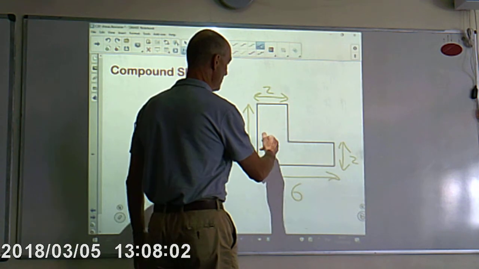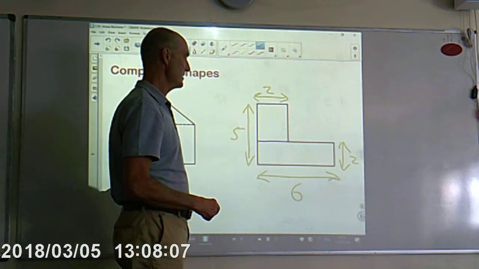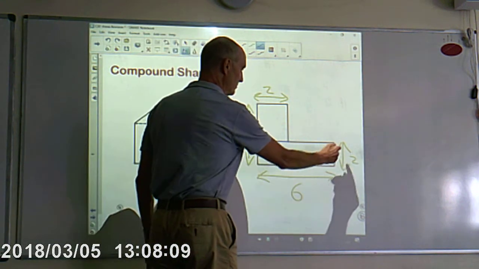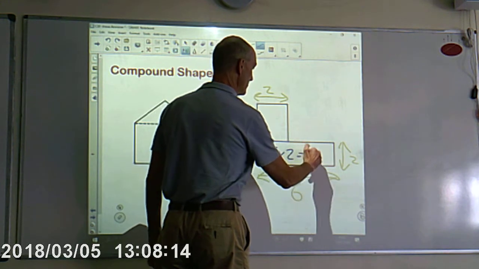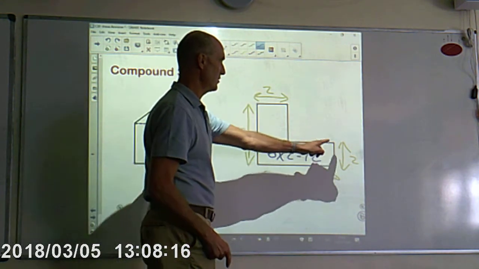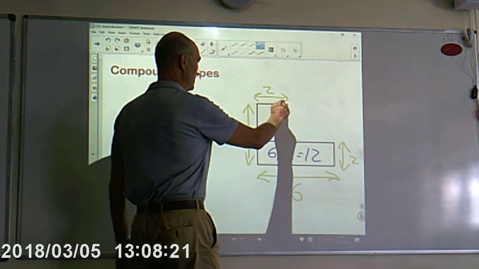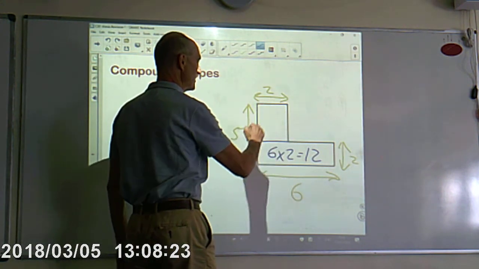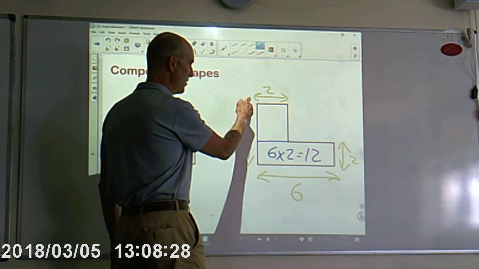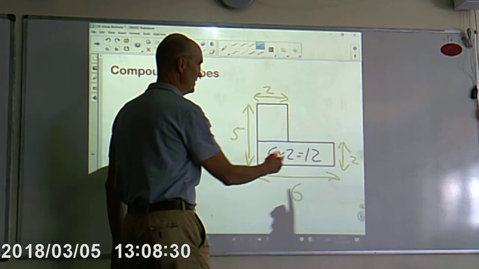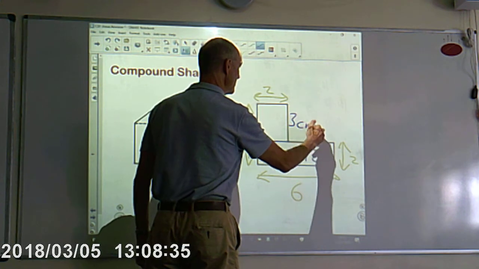We could say, right, we're going to put in a dividing line there. So we've got a rectangle here, we've got a rectangle here. What's the area of this rectangle? 6 times 2 equals 12 centimetres squared, because we've got a height of 2 there, we've got a base of 6. Now, we know that's 2 centimetres. We don't know what this length here is straight away, but we do know that all the way down the shape is 5, and this part is 2 centimetres, so that means that's 3 centimetres.